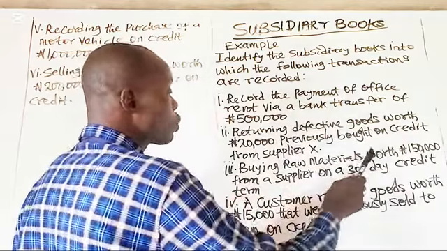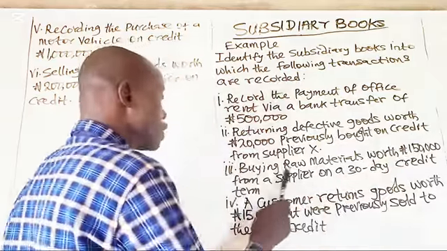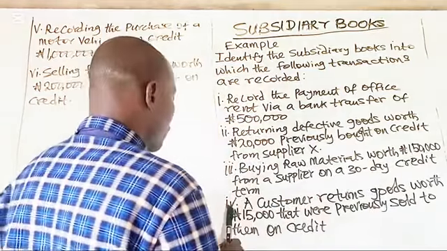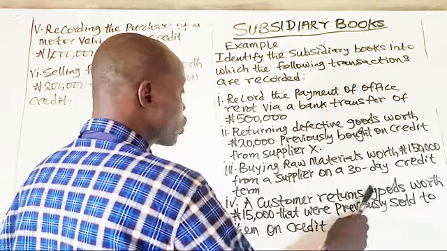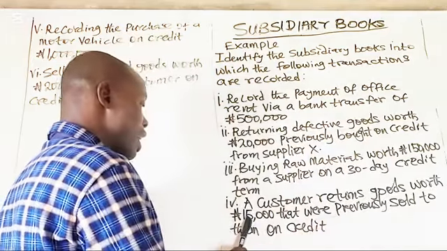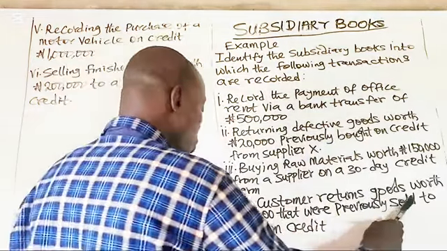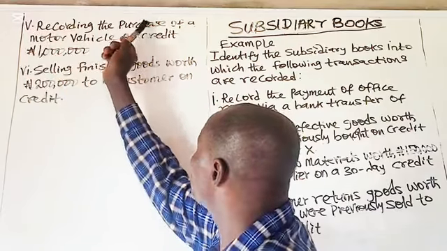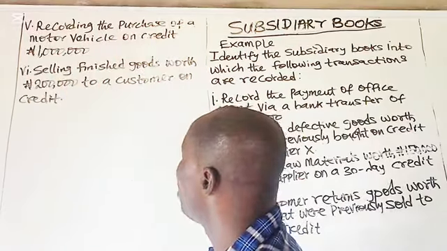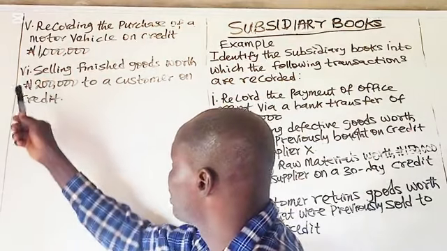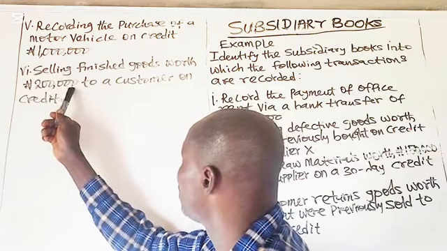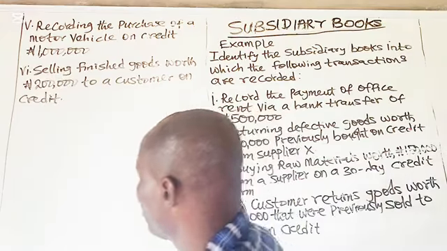Buying raw materials worth 150,000 naira from a supplier on a 30-day credit term. 4. A customer returns goods worth 50,000 naira that were previously sold to them on credit. 5. Recording the purchase of a motor vehicle on credit, 1 million naira. 6. Selling finished goods worth 200,000 naira to a customer on credit.